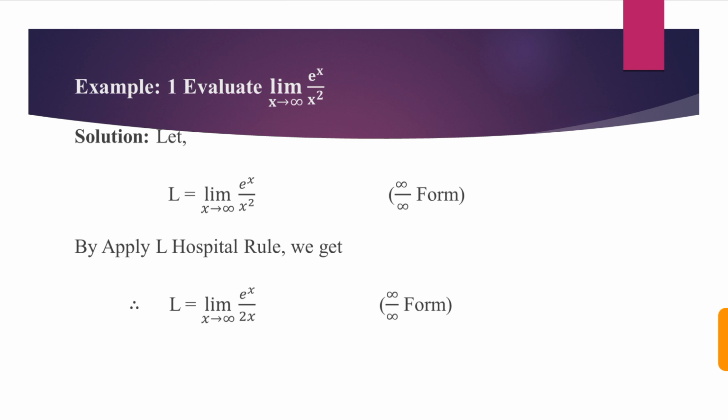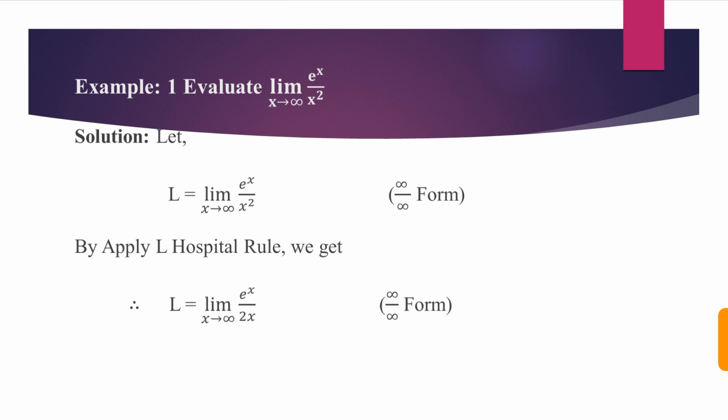Next we have to see the base example on L'Hospital rule. Evaluate limit x tends to infinity e raised to x upon x square. Here in this example we can consider the given limit of function is equal to capital L is equal to limit x tends to infinity e raised to x upon x square.